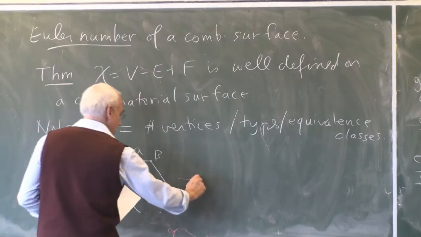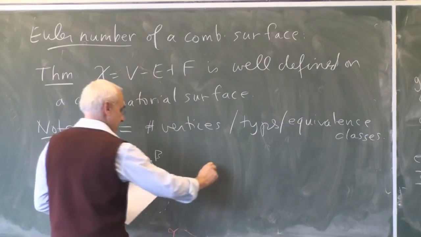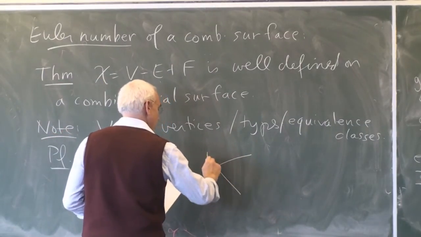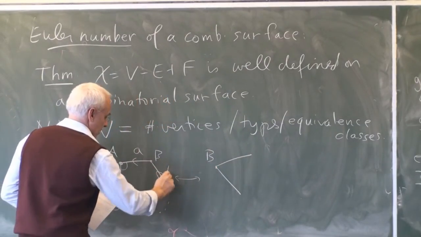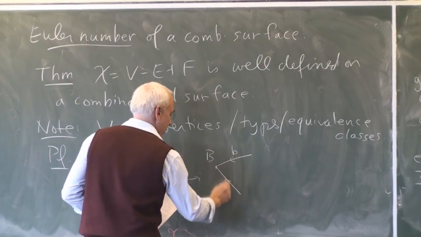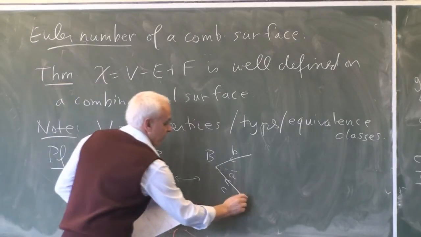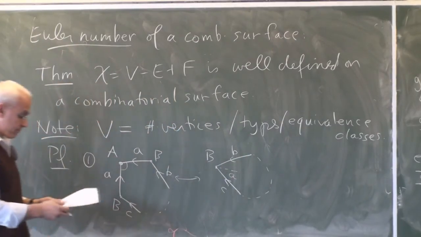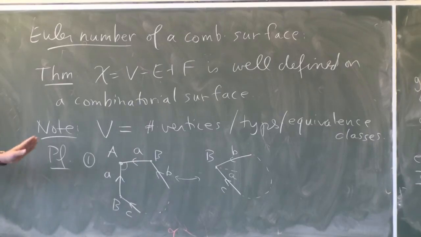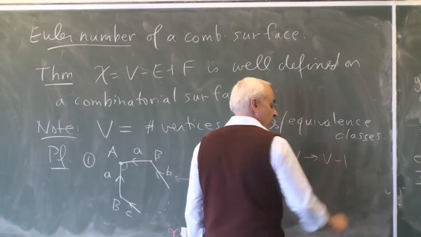And when we collapse our pairs of edges, let's call that, say, B and that's C, just to be specific. So that's B and C coming in, and our old edge A is now interior, and the rest is out there somewhere. So when we do this first type of operation, what happens to the vertices is that the vertices reduce by one.